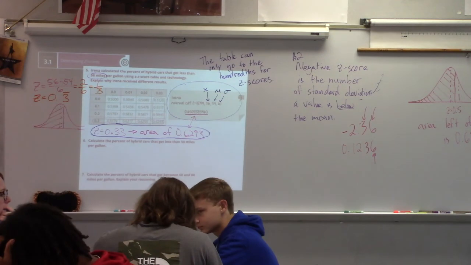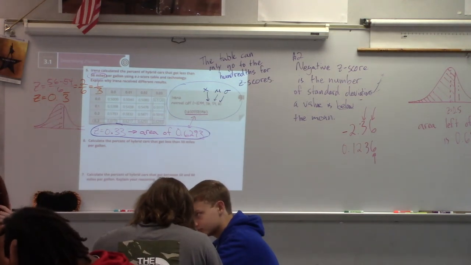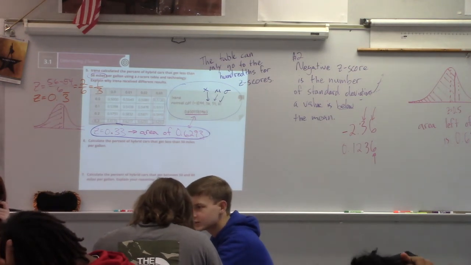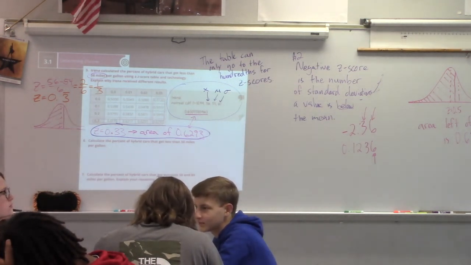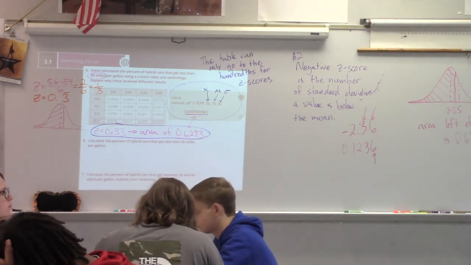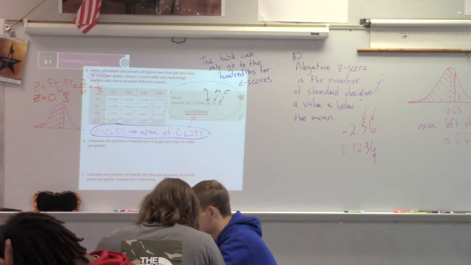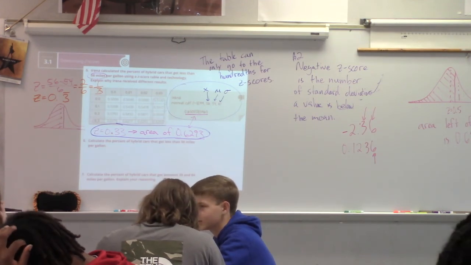Have you found your z-score yet? The percents that you're looking for come from that table. The area is what's on the inside of the table, but what do you need in order to find the correct value from the inside of the table? What's on the outside? Z-scores.